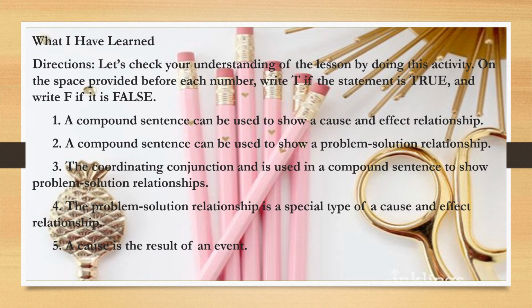Number 2, a compound sentence can be used to show a problem-solution relationship. Number 3, the coordinating conjunction and is used in a compound sentence to show problem and solution relationships. Number 4, the problem-solution relationship is a special type of cause and effect relationship. And number 5, a cause is the result of an event.